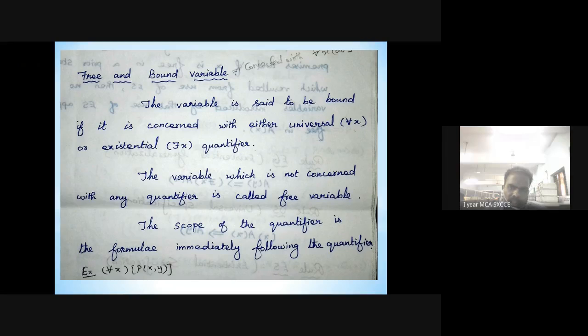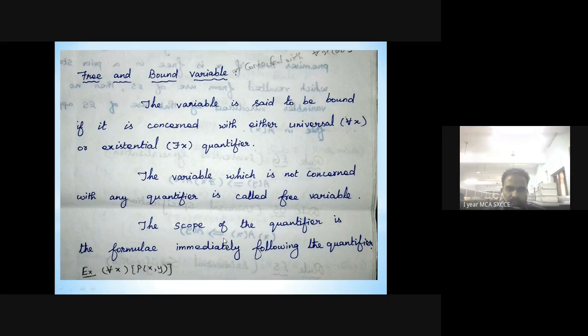Bound variable அப்படின்னா, either universal quantifier இருக்கணும் அல்லது existential quantifier இருக்கணும். The variable which is not concerned with any quantifier is called free variable.